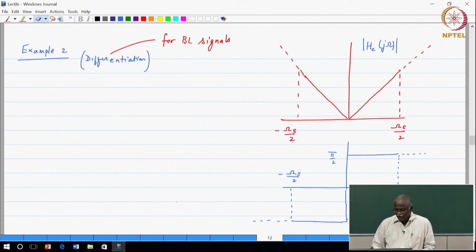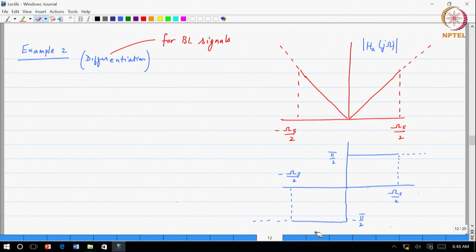Okay. So, there is one more example that I would like to discuss with you. This is a worked out example in Oppenheim and Schafer. Let me just give you the problem statement. We are interested in designing a differentiator. Now, if my input signal is band limited, only then I can do sampling.